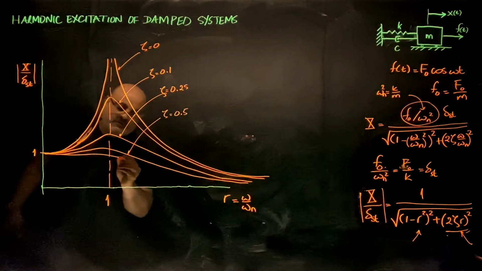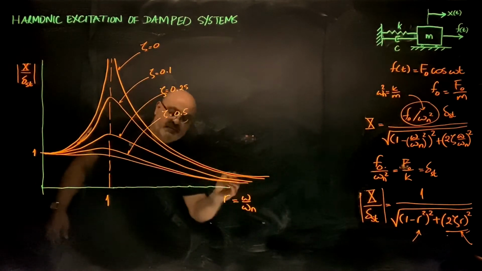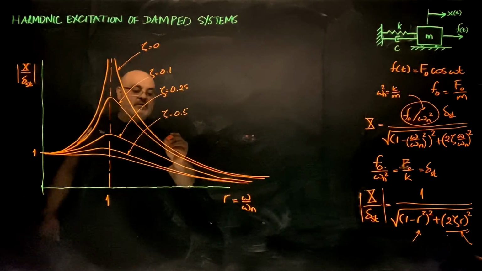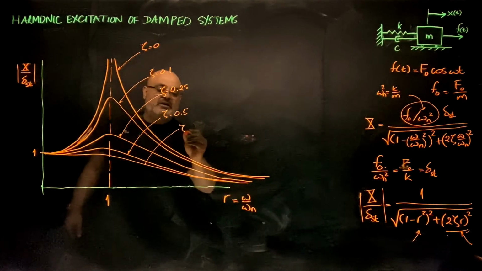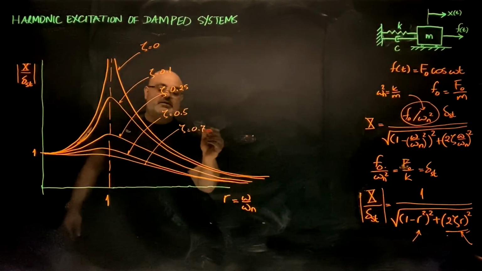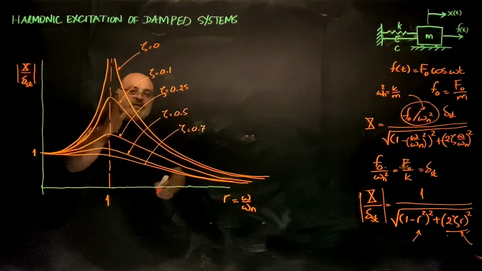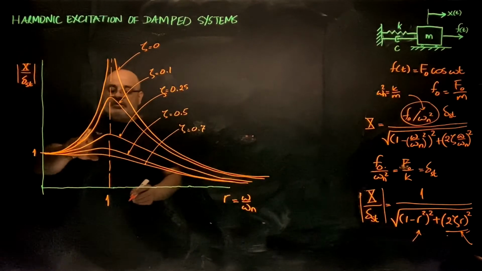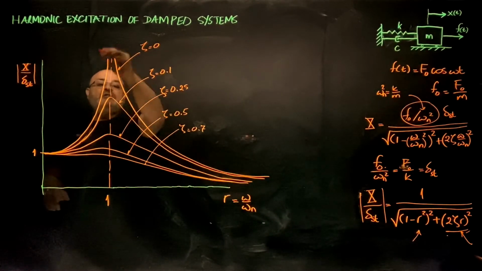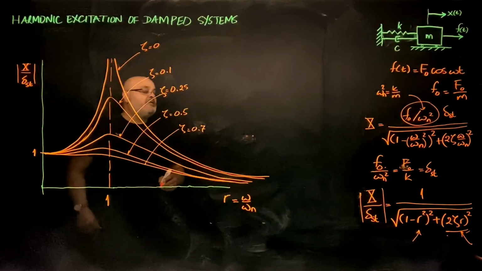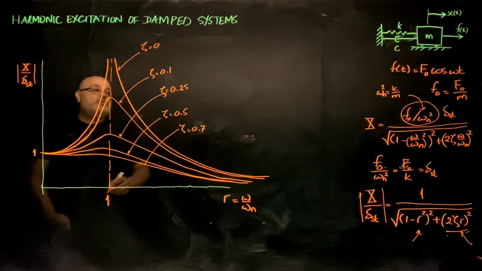And as zeta increases, zeta 0.7. So adding damping will reduce this resonance effect at r equals 1.